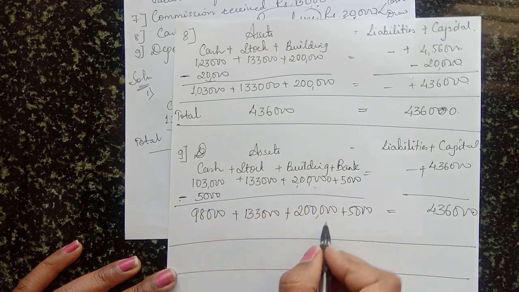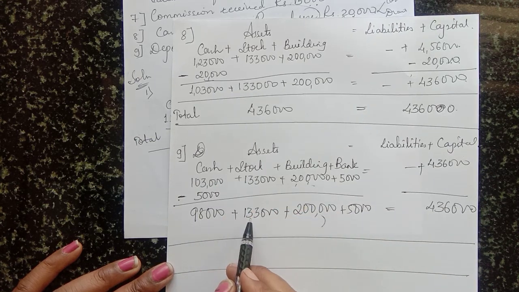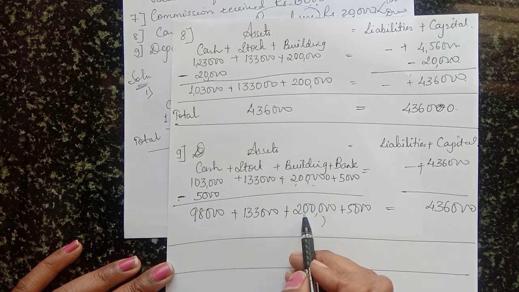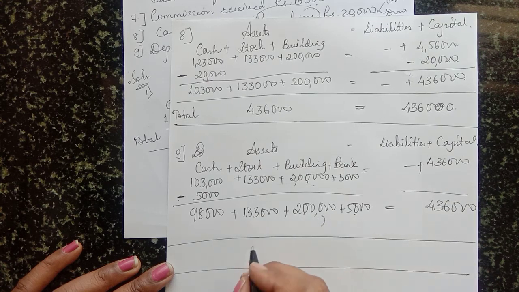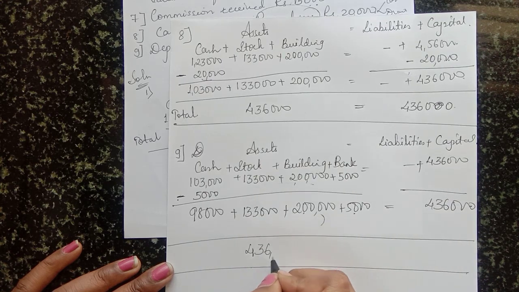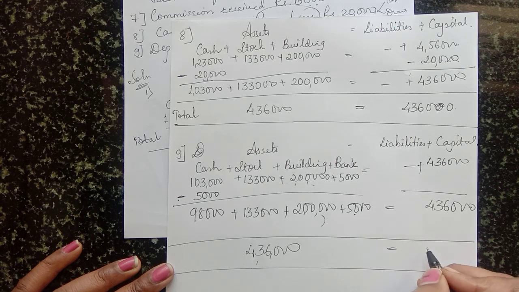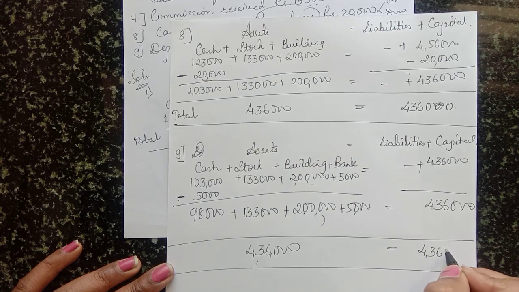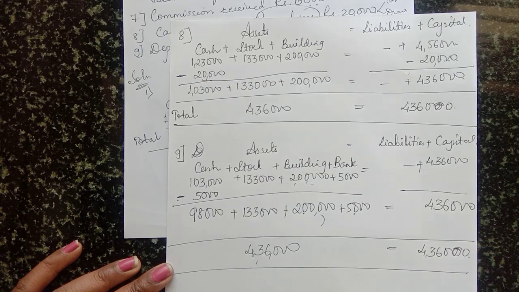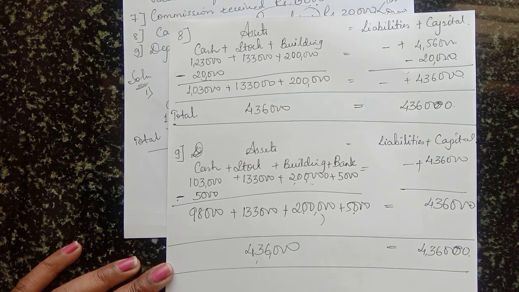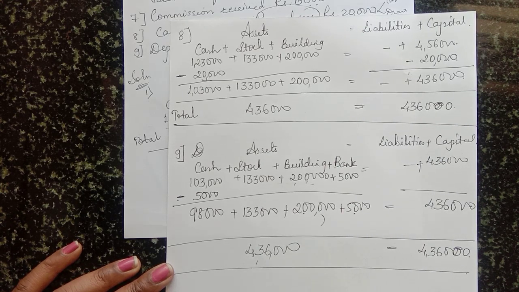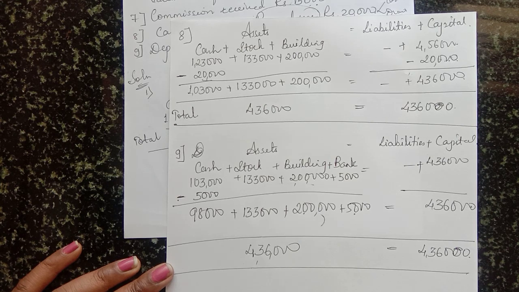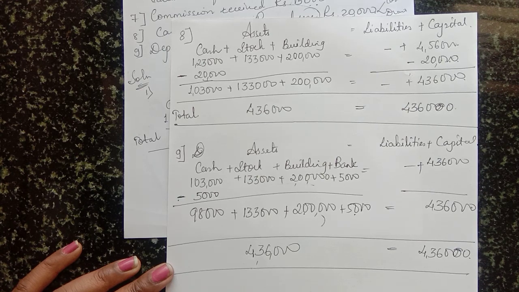Now total this side: 98,000 plus 1,33,000 plus 2 lakh plus 5,000 is equal to 4,36,000. You can use the calculators. For accounts only a simple calculator you have to use. So please don't use the mobile calculators. Bring a new calculator and practice on it. So it will become very easy and practice for your exam.